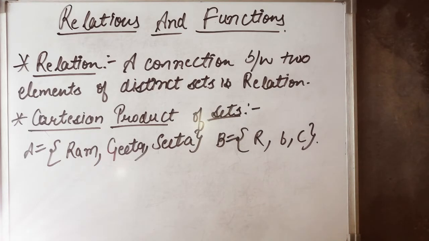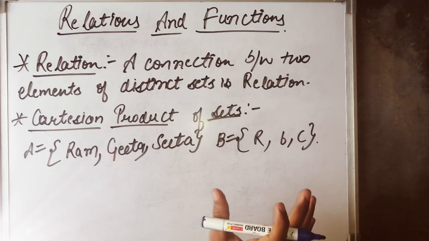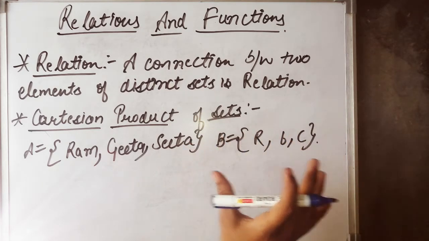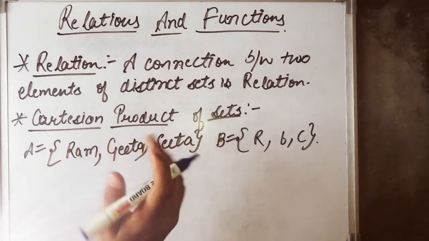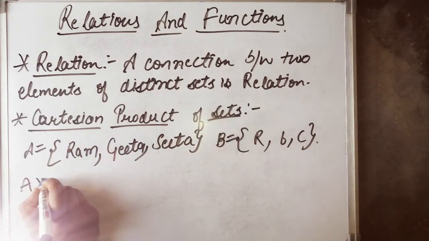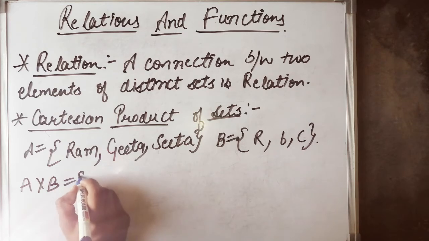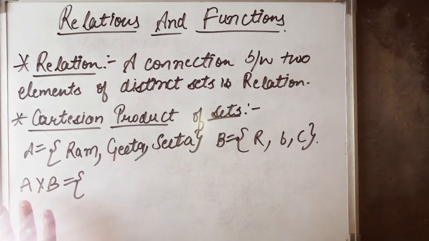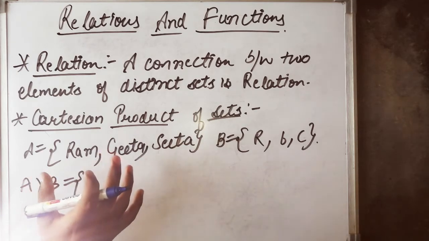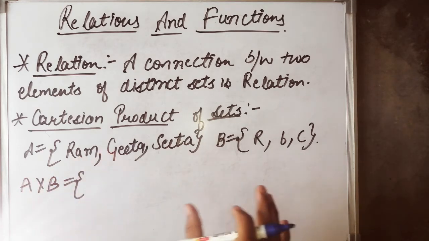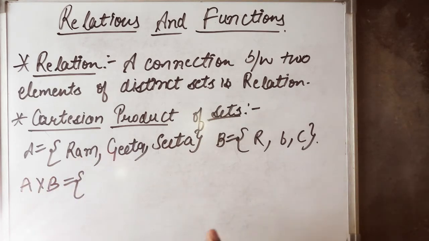Number of relations means connections between these two sets. The Cartesian product is written as A cross B. This doesn't mean we have to multiply A into B, but we have to find the relation of the A set with the B set. Okay, let's find out the relation.